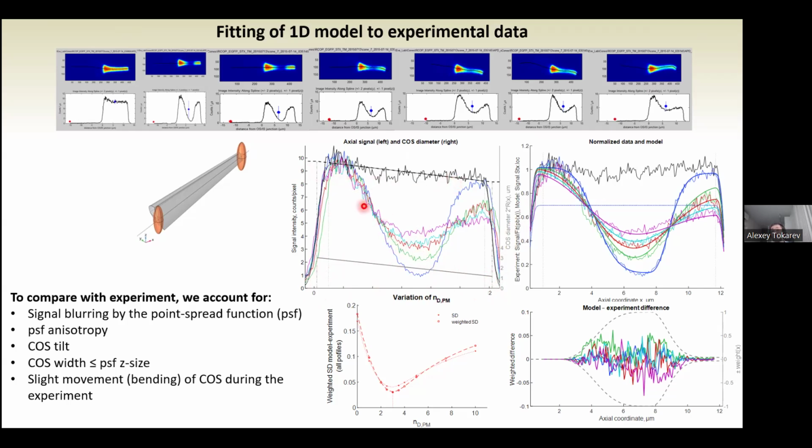Then we normalize the signal to this trend, and actually it is quite hard to do because this is a live cell. Okay, this is not a frozen cell. It is a live cell. It slightly moves.